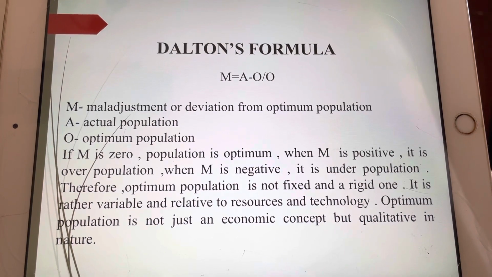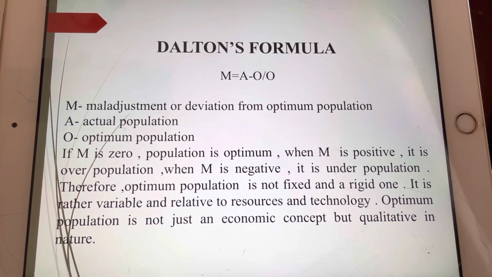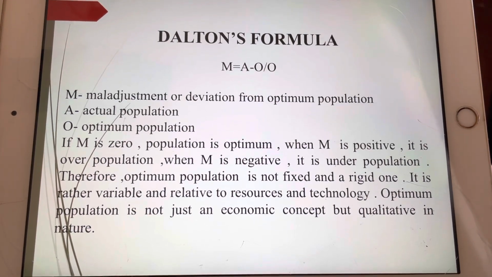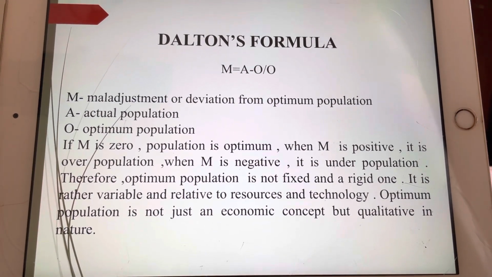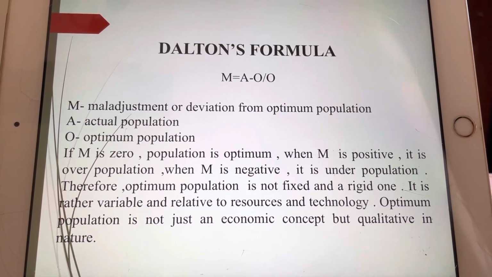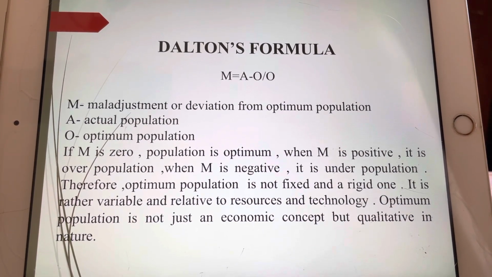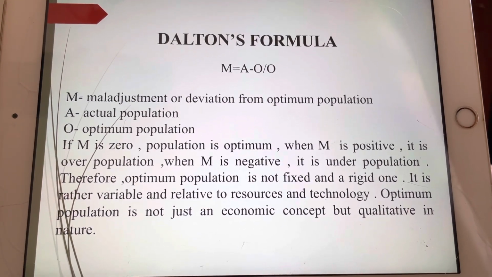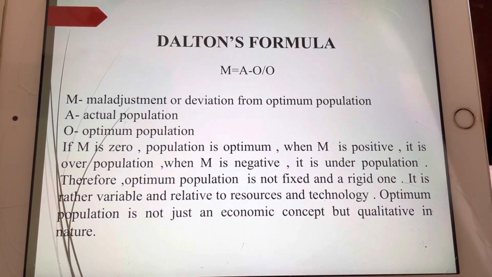It is rather variable and relative to resources and technology. So the optimum population is not fixed and is varying. If resources or technology improve, the optimum population also changes accordingly.